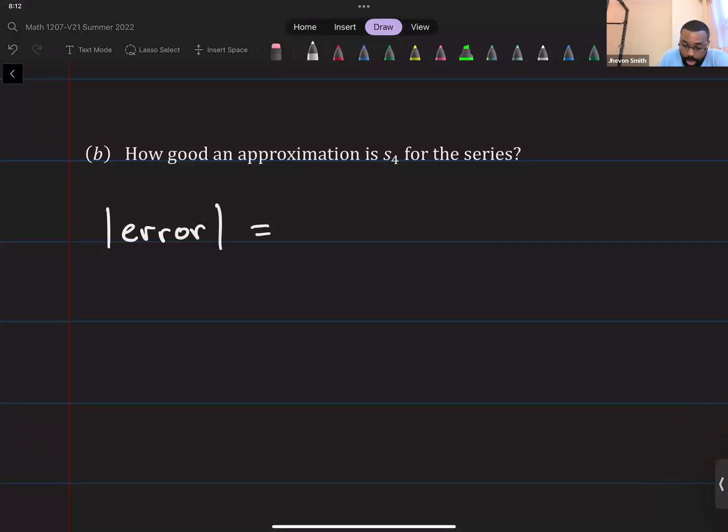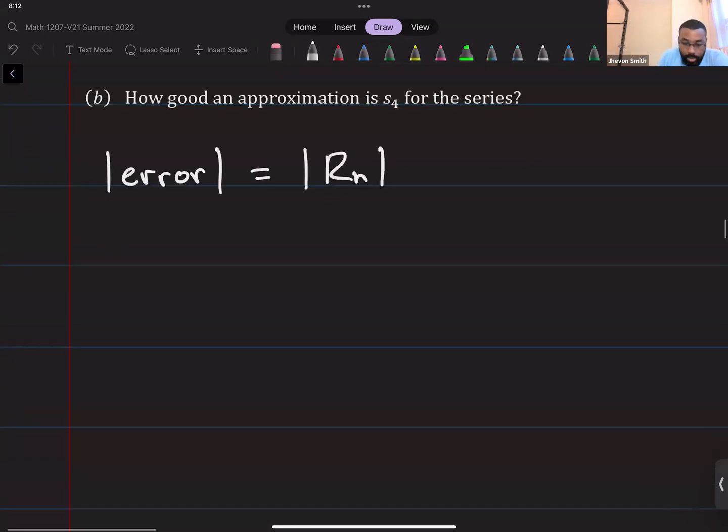Now remember, that is simply the magnitude of Rn. It's the things that I left off other than the sum of the first n terms. So in this case, that is the 4th remainder term. What happens after the first 4 terms?